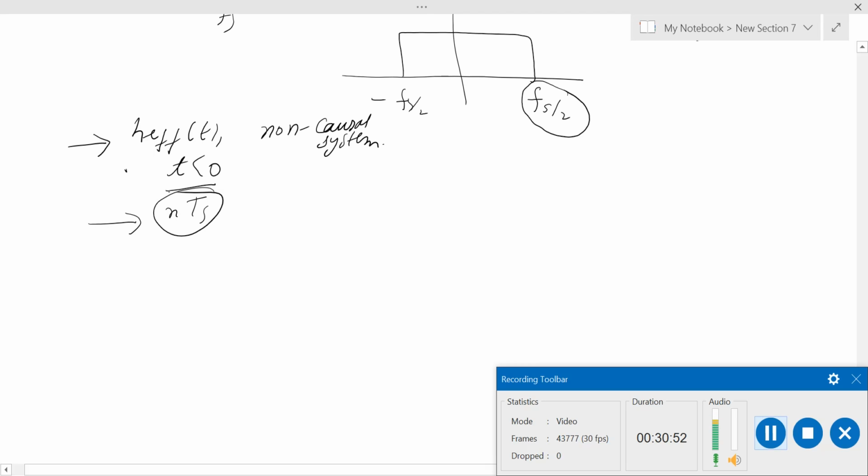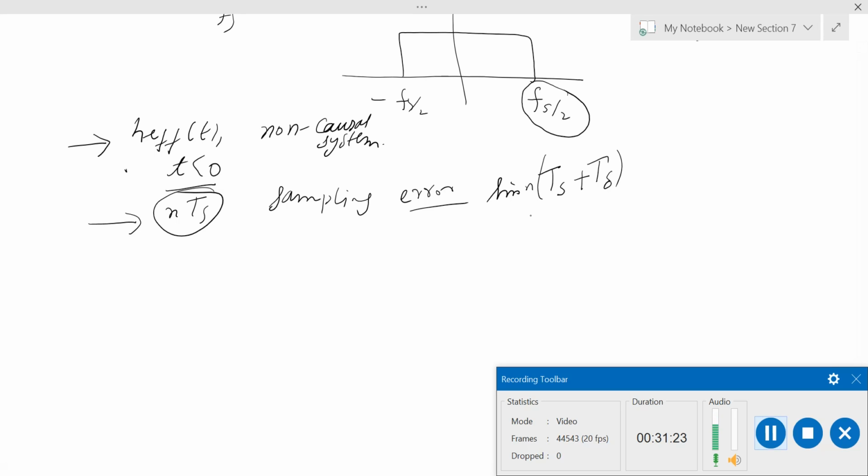So if there is a sampling error, suppose we are trying to sample at nTs, but there is some error, so I can write t delta, then sinc of this, nTs plus t delta, may not be 0. So a slight sampling error will again result in ISI. Definitely, these are the two issues.